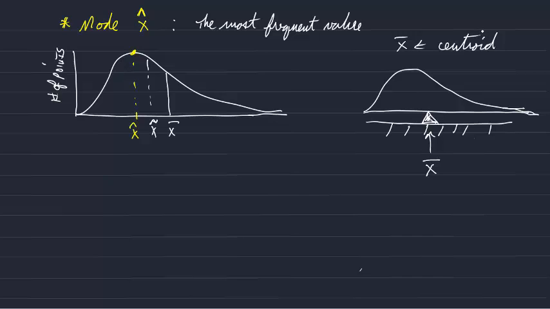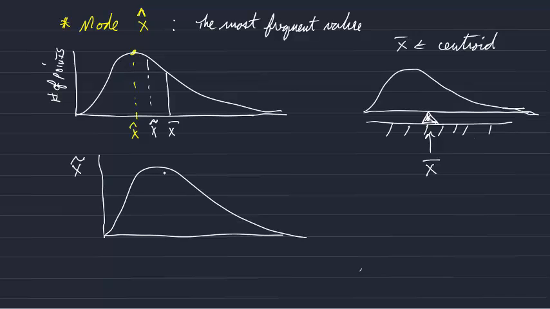It describes the centroid of the distribution. And then the median, again, divides the population into two halves. 50% of the values lie less than the median, and 50% of the values lie more than the median. So in this frequency distribution plot, the area under the curve would be equal to the left of the median and to the right of the median.